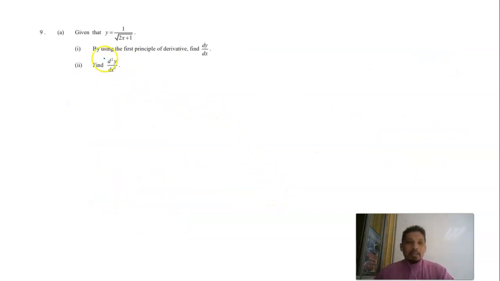Next, given that y equals 1 over the square root of 2x plus 1, by using the first principle of derivative. Class, for this question you cannot simply solve it by deriving it in an easy way, so we must use the first principle method.